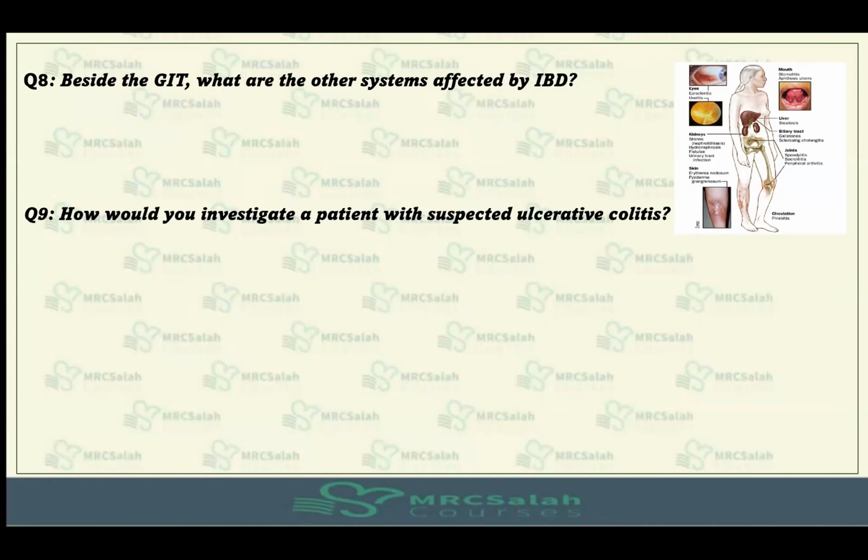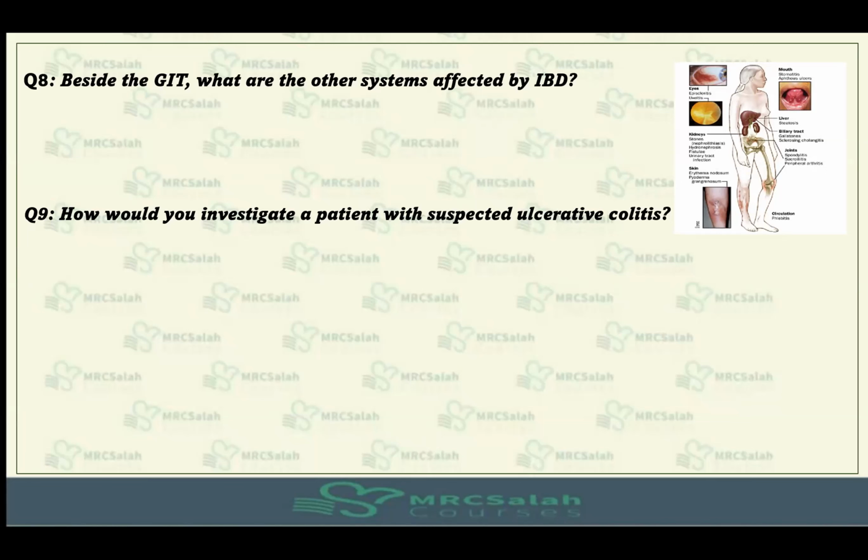How would you investigate a patient with suspected ulcerative colitis? Stool analysis. We will find occult blood in the stool. Raise your voice. Stool analysis, barium follow through. So classify, always classify. So say laboratory tests first, what we do.